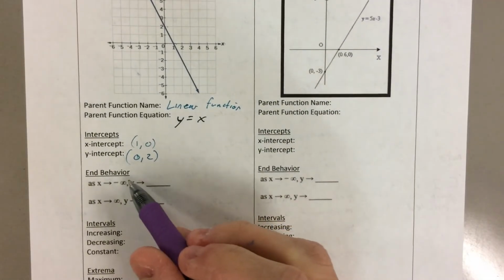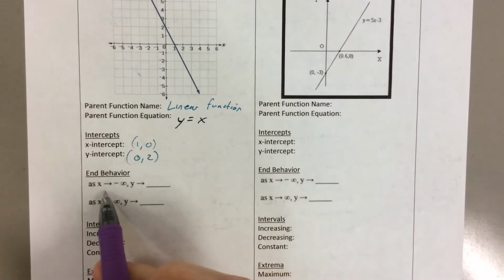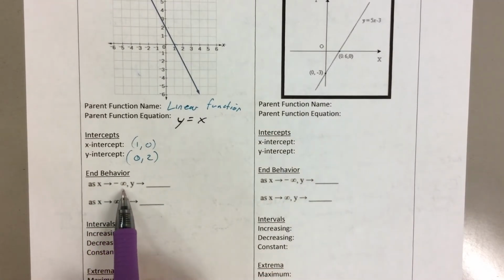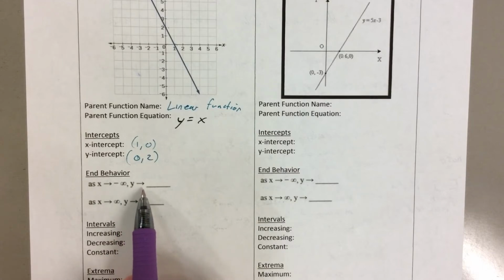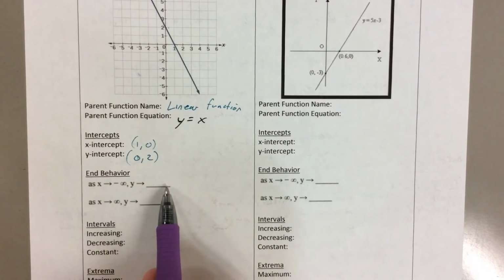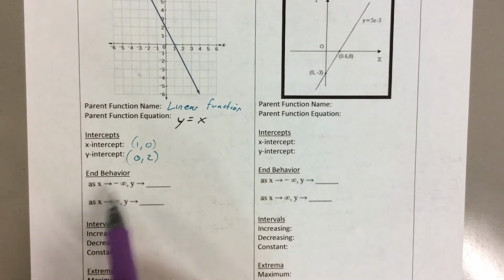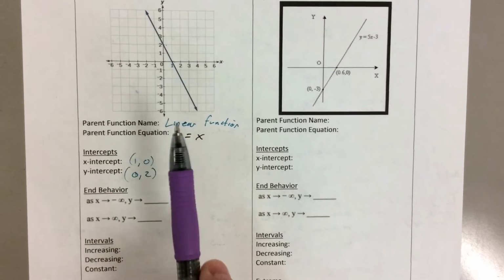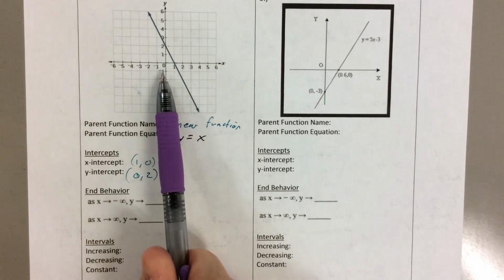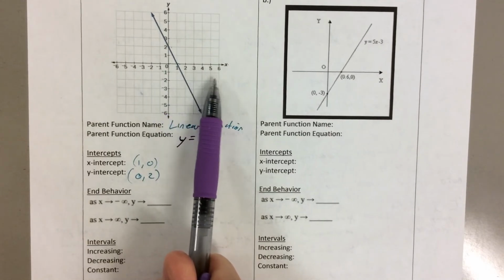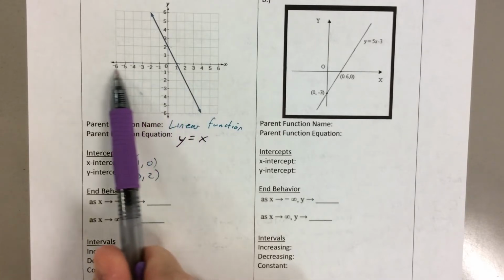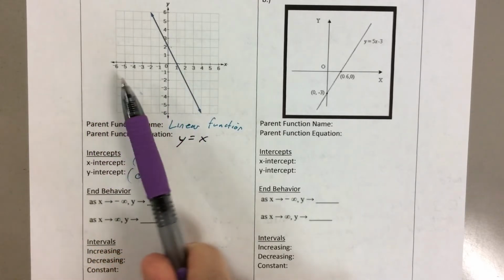In end behavior, so this is that new thing, kind of. This is read as: as x approaches negative infinity, y approaches, and we know it's going to be infinity or negative infinity, so just look at it real quick. As x approaches negative infinity, which would be which way? Well, it's not this way because those are all positive numbers. So negative infinity would be this way, to the left.